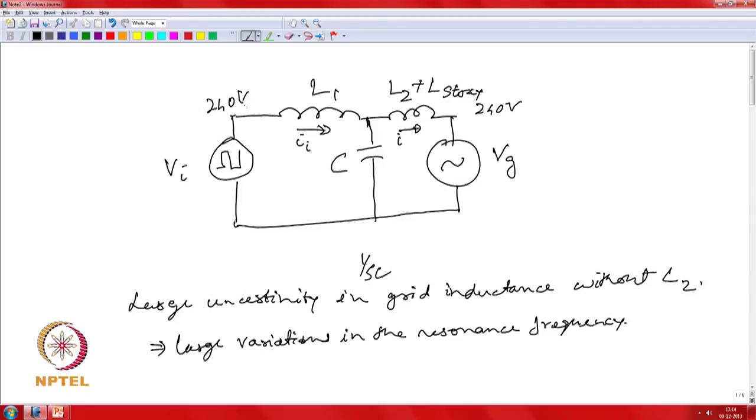The voltage across the capacitor would be close to 240 volts. So we are talking of an approximate value of the voltage in the filter network. There is reactive power being drawn by the filter capacitor, and you do not want that reactive power to be excessive. So that would form another constraint on the filter design.